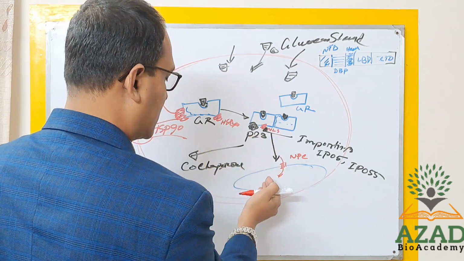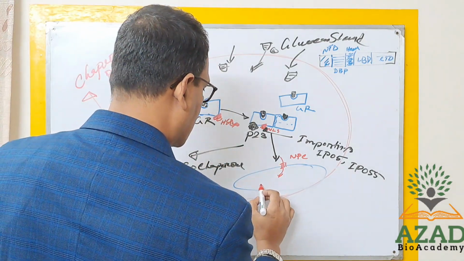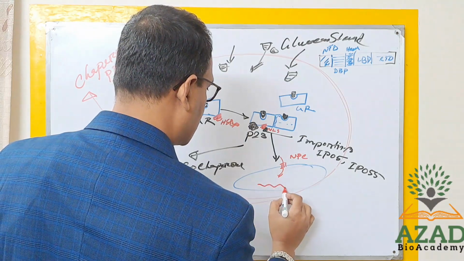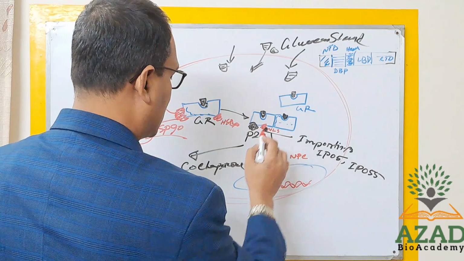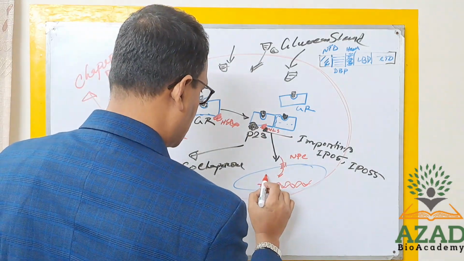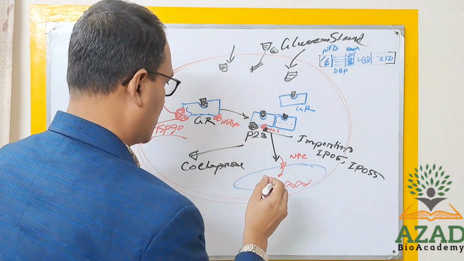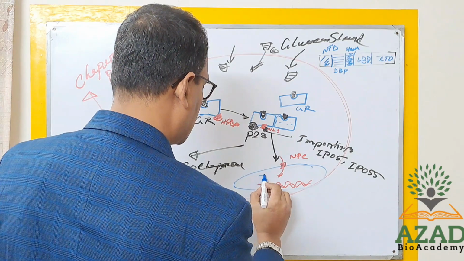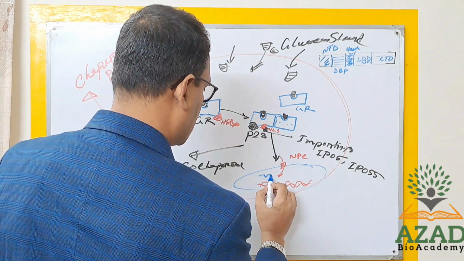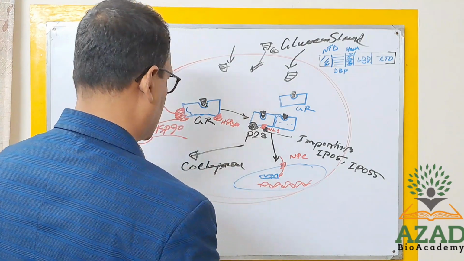Okay, sometimes it can enter, but mostly it will detach. So here the genetic material DNA is there within the nucleus, and the dimer has just entered into the nucleus. So that dimer is carrying the ligand. So here one, and here another one, carrying the dimer.